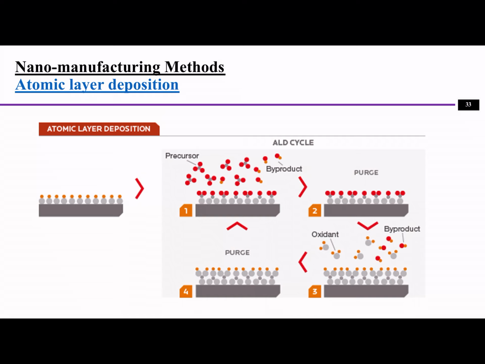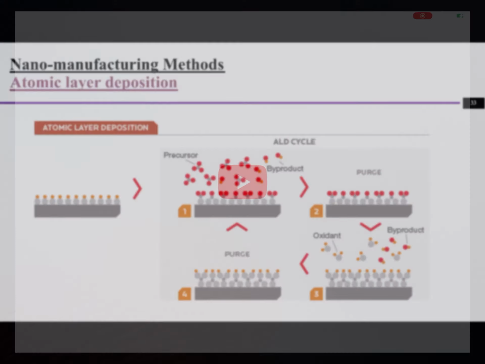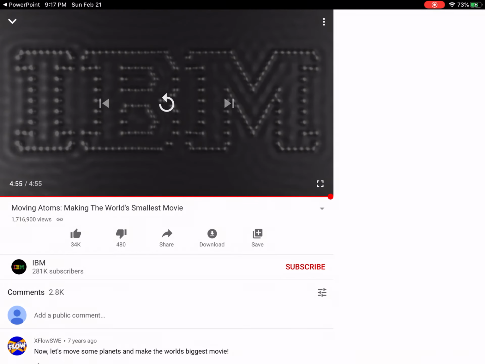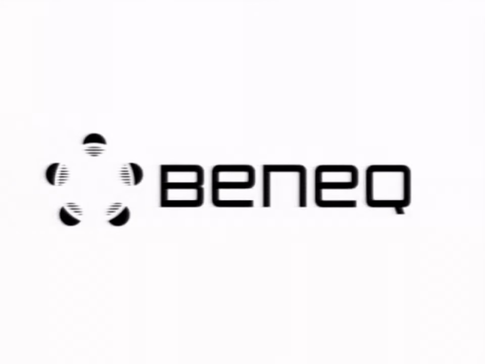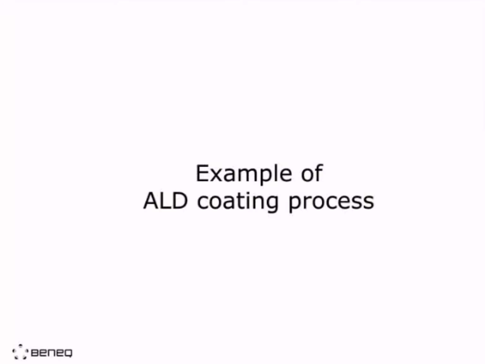Then I repeat this process time and time again, and eventually we're going to create multiple layers on top of the substrate. So this is the coating process.